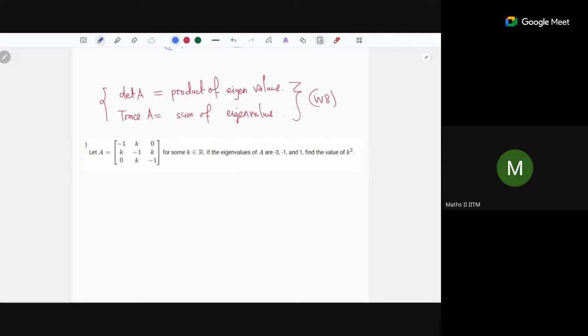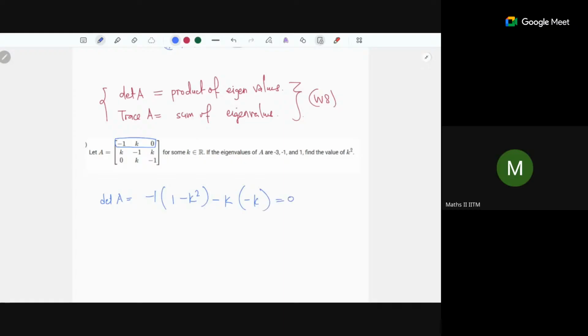This question says let A be this, and if the eigenvalues are that, find the value of k squared. So you just need to calculate the determinant of A. If you calculate the determinant, what will you get? Let me expand with respect to the first row. You'll get minus 1 times (1 minus k squared) minus k times minus k.